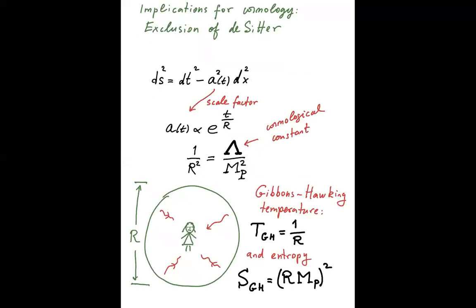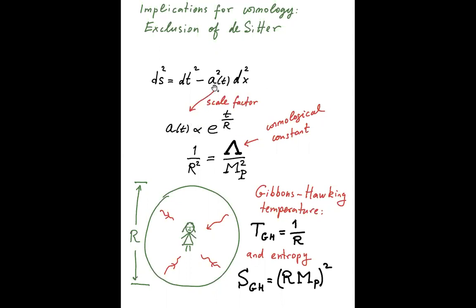Now, de Sitter is an extremely familiar space for everyone. Here it is in a particular slicing. You can think of it as a specific case of the Friedmann, Lemaitre, Robertson, Walker universe, where a is the scale factor.